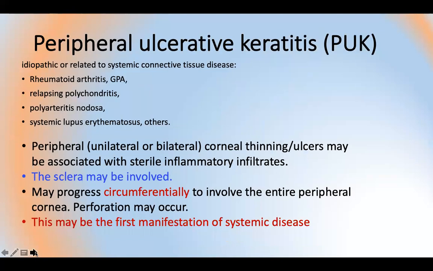This group of diseases is related to connective tissue disease: rheumatoid arthritis, Wegener, which is GPA now, relapsing polychondritis, polyarteritis nodosa, systemic lupus. This patient will present with peripheral, unilateral or bilateral corneal thinning, or infiltration, or ulcer.